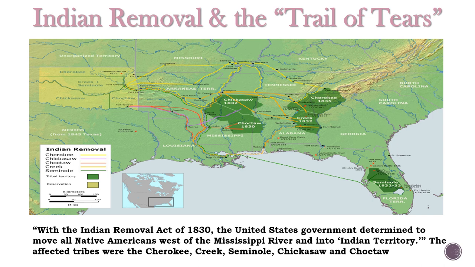You can see their ancestral lands, or where they were currently living, in dark green. Seminoles in Florida, Cherokee and Creek basically west of Georgia into Alabama, and the other two tribes in what's today mostly Mississippi. So this really was the forced movement of the tribes of the American Southeast.